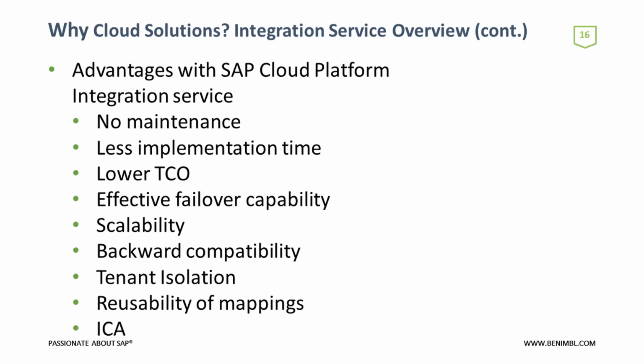And SAP provides two types of security, which is message level security and transport level security, which means that both the connection and the data are secured. And like I mentioned, because of the backward compatibility feature, it will allow customers to reuse the existing mappings from the existing on-prem systems.